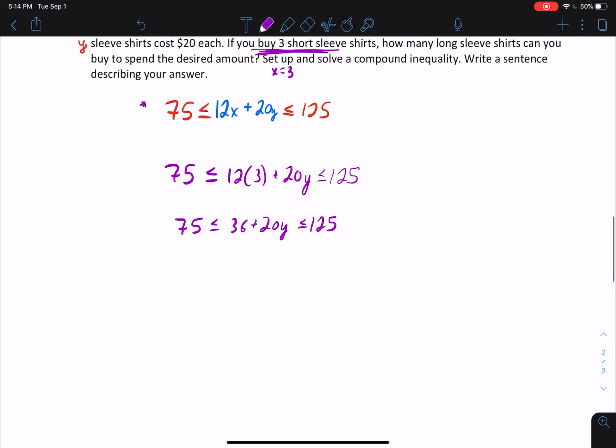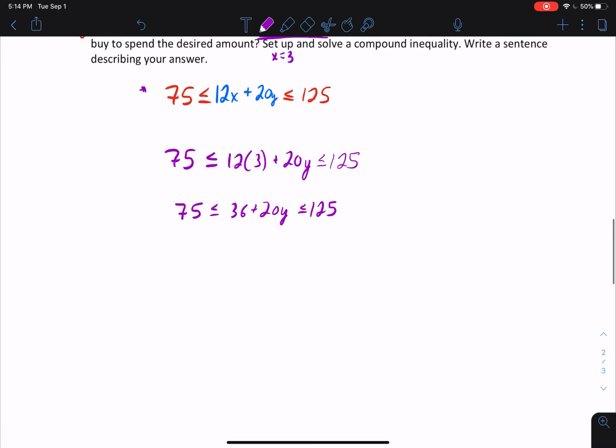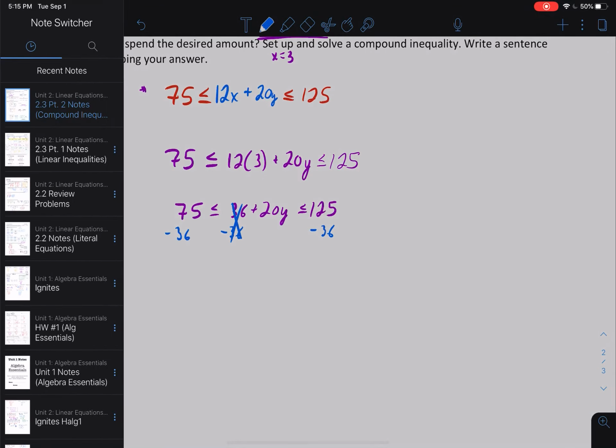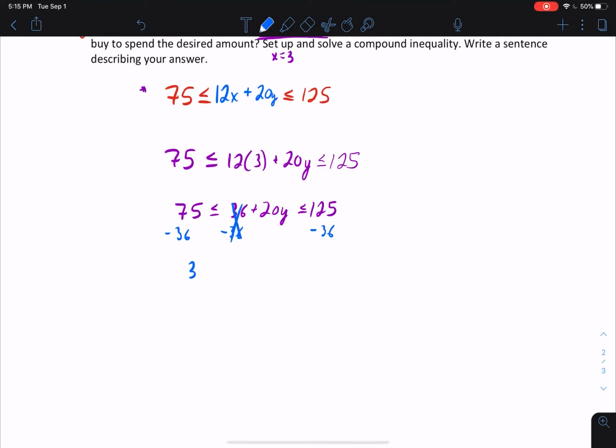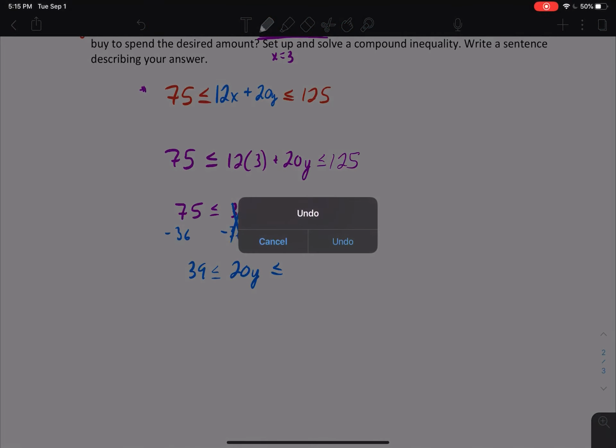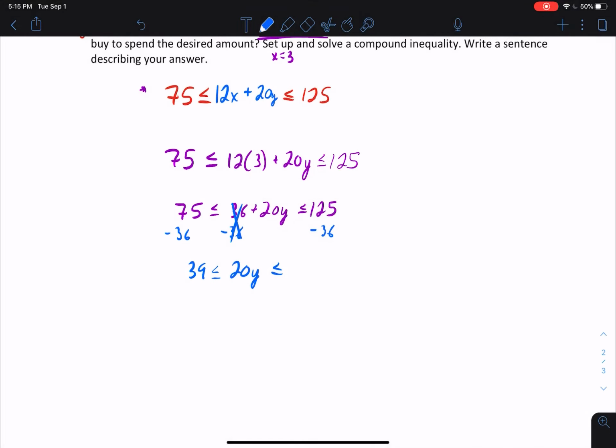All right, so there is my compound inequality that I'm now going to solve. I'm going to subtract 36 from every side now. And that's going to give me 39 is less than or equal to 20y, less than or equal to 89.